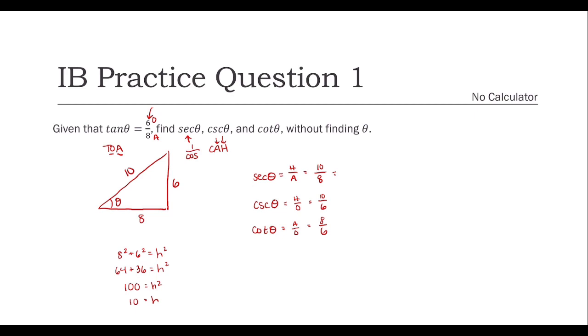These can all be simplified. So we'd have 5 over 4, 5 over 3, and 4 over 3. So secant theta equals 5/4, cosecant theta equals 5/3, and cotangent theta equals 4/3. So there's the solution to this problem.